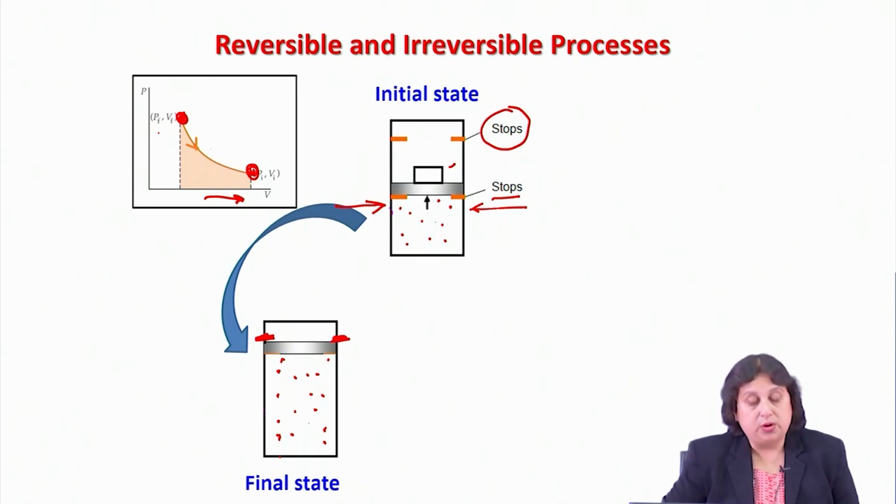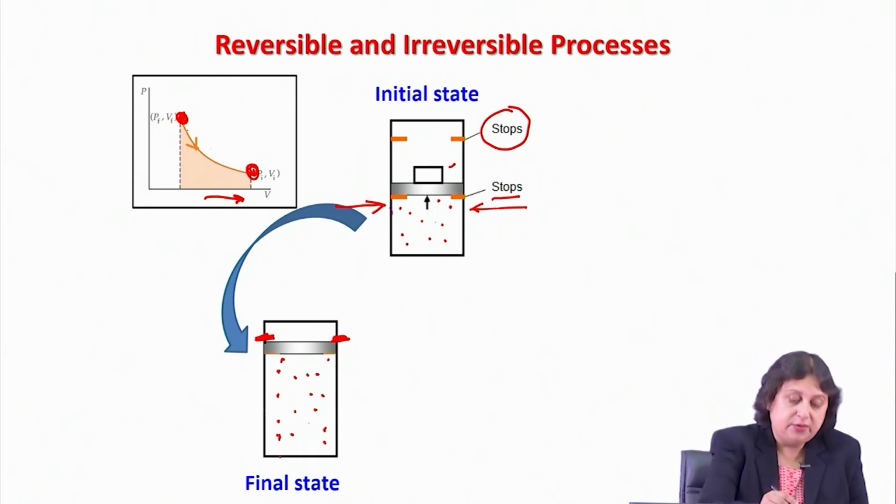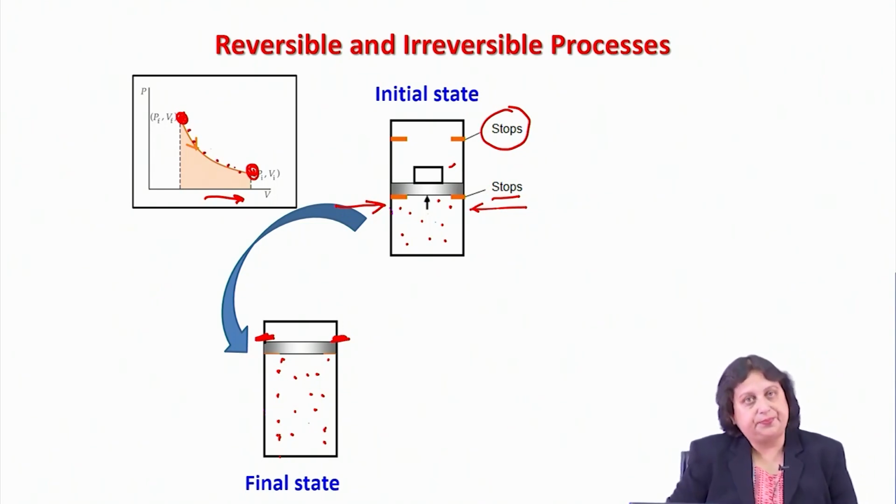All the intermediate points will be present on the PV indicator diagram.